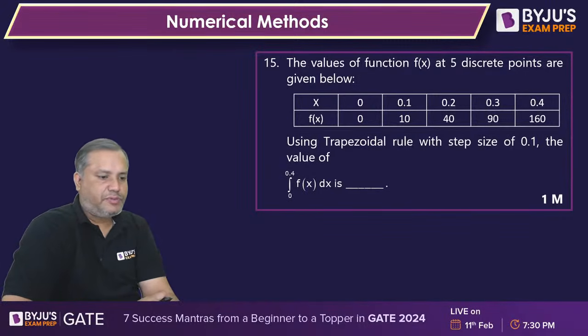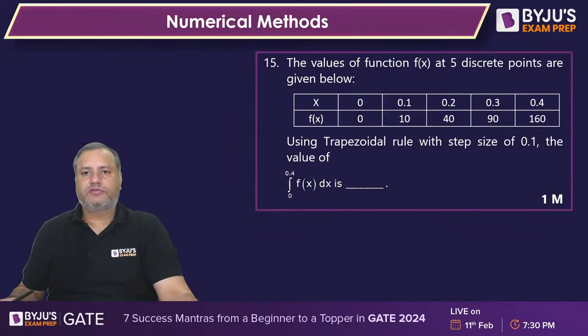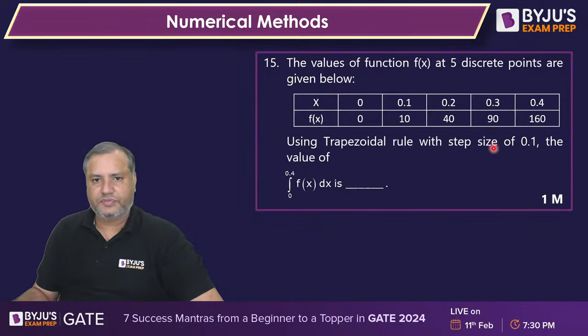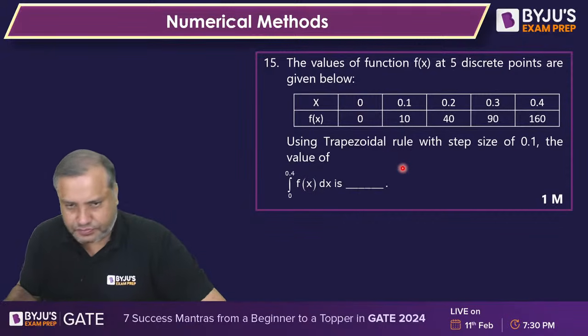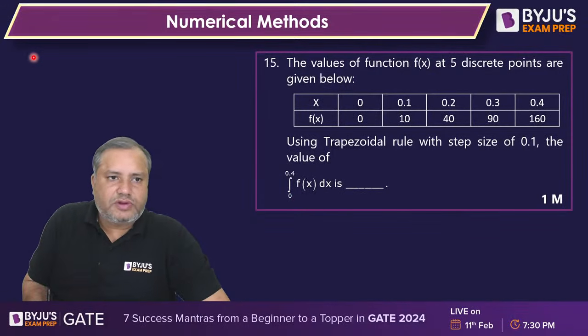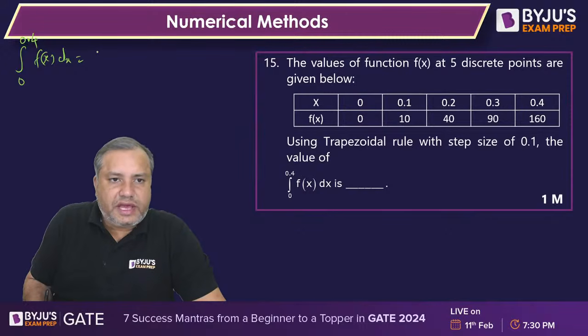Yes, and this is probably the last question in this session. The values of the function f of x at 5 discrete points are given below, and you need to solve this using the trapezoidal rule with a step size of 0.1. By the trapezoidal rule, the integral from 0 to 0.4 of f of x dx is h by 2.